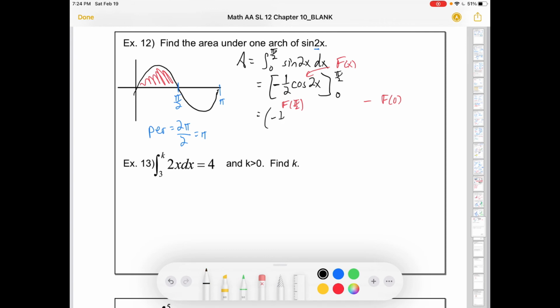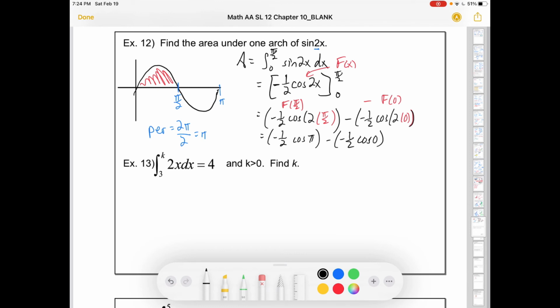So it'll be negative a half cosine of 2 times pi over 2 minus negative a half times the cosine of 2 times 0. Or negative a half cos pi minus negative a half cos 0.